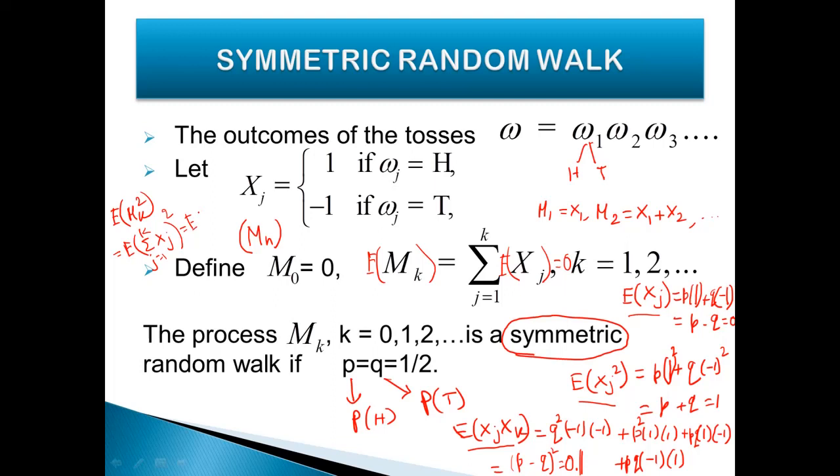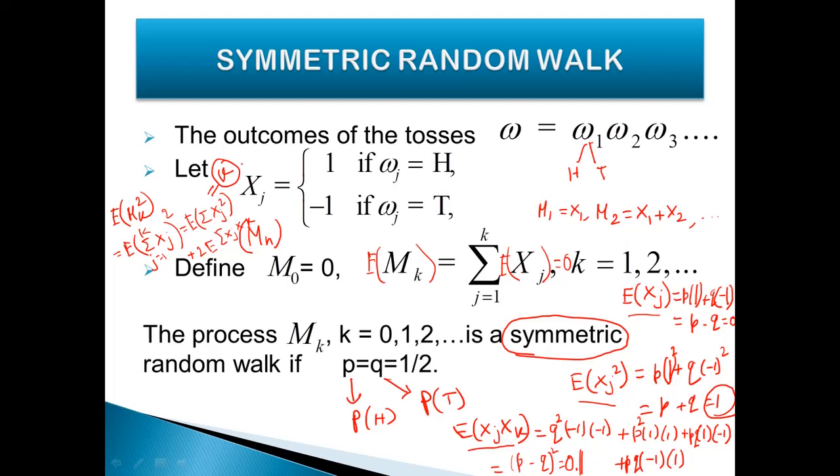So you get the expectation of the summation of x_j square, plus twice the expectation of the summation of x_j x_k. The first one is the summation of the expectation of x_j square, where each value is 1, so it's the summation of 1, which equals k. And the x_j x_k term is 0. So the expectation of m_k square is only equal to k.